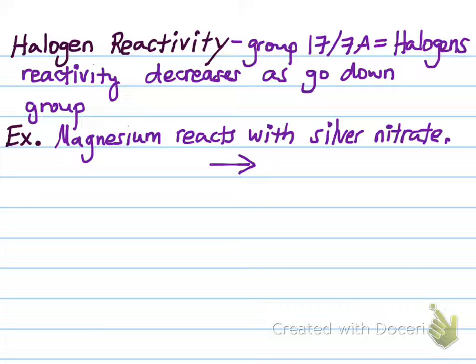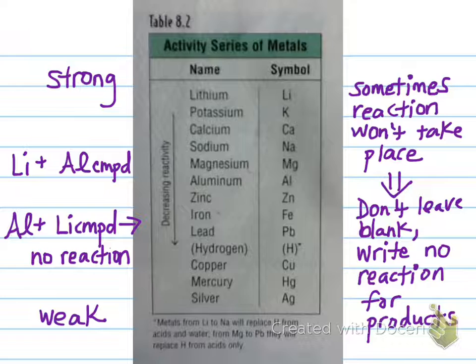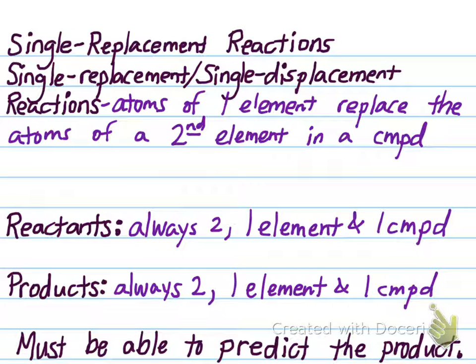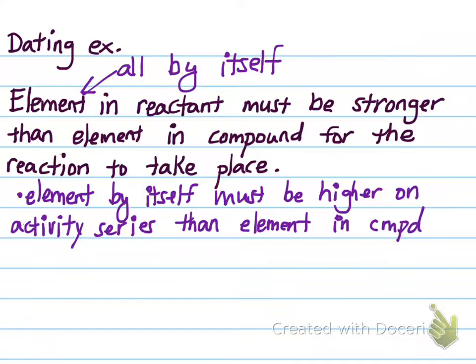And again, we know that these are both our reactants. So we have magnesium plus silver nitrate. Now again, when we think back to our definition of this, we said that the atoms of one element replace the atoms of a second element in a compound, and it has to be the same kind.